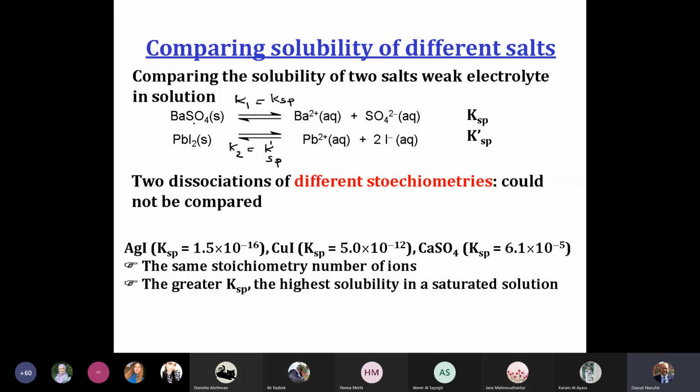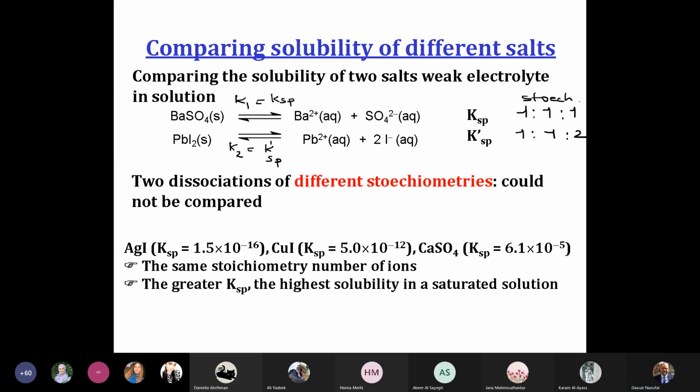In reaction 1, the stoichiometry is 1, 1, 1. In reaction 2, the stoichiometry is 1, 1, 2. Since these two dissociations do not have the same stoichiometry, the values of K of the reactions cannot be compared.